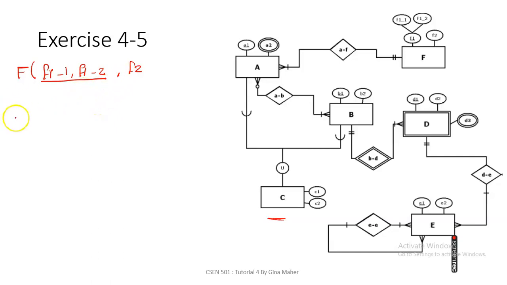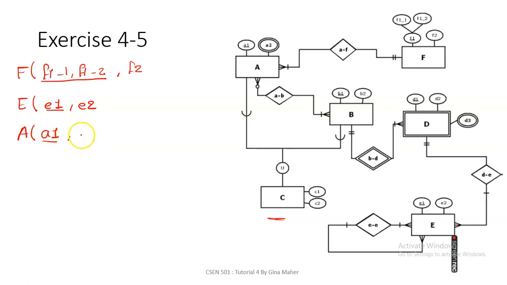Okay? Next, we have a relation E, where we have E1 and E2. Okay? Now we have relation C, which is a subclass for two superclasses. How are we going to represent these entities? We can simply make a relation for each entity. So here we are going to have A with A1 as a primary key, okay?